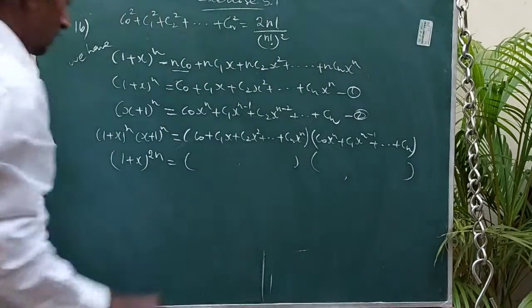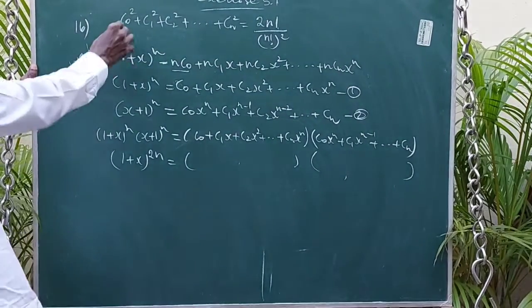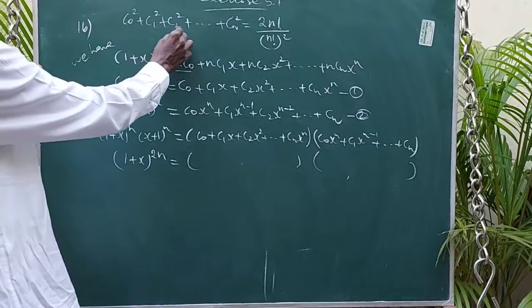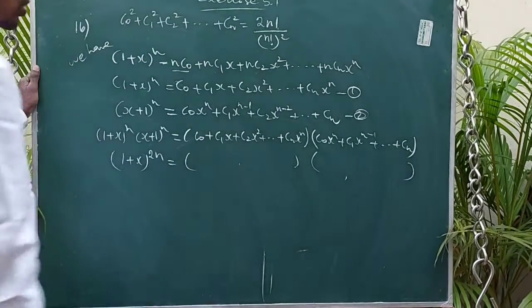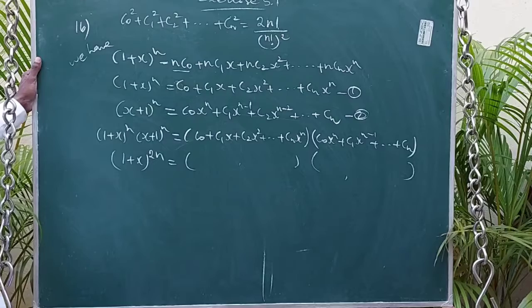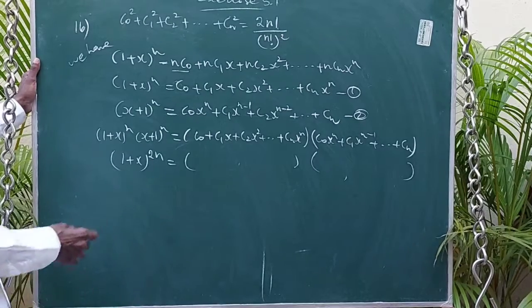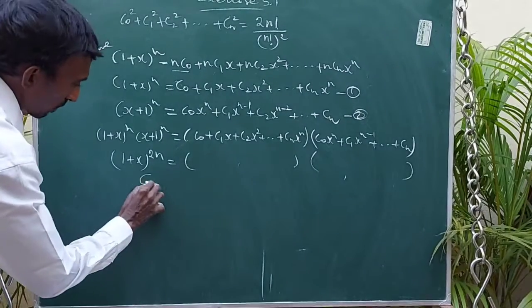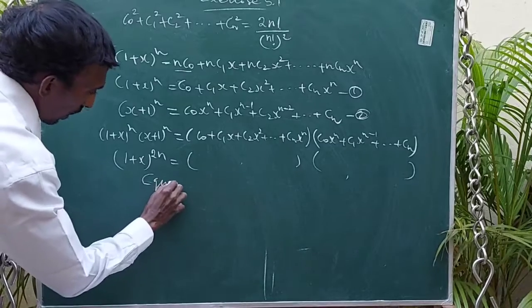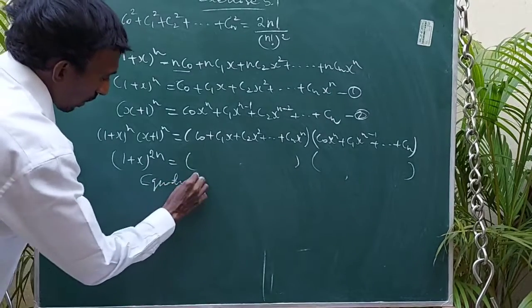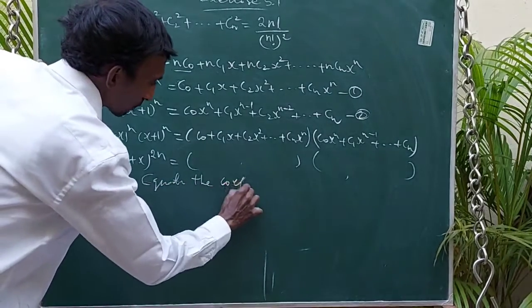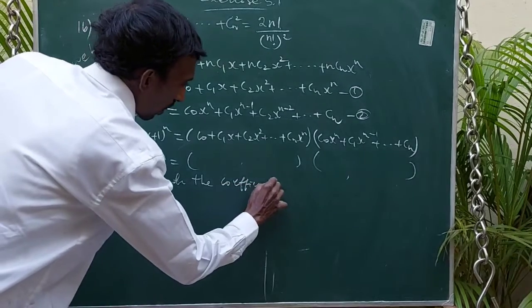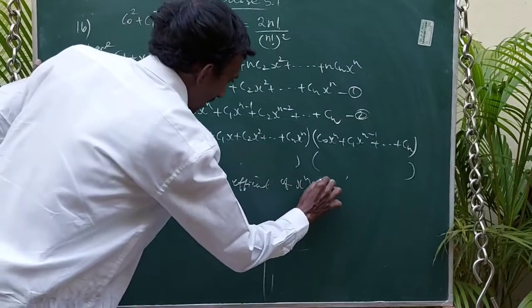Listen my dear student, we need to prove C0 square plus C1 square plus C2 square plus etc. Cn square equal to 2n factorial by n factorial the whole square. So for that, equate the coefficient of x power n on both sides.